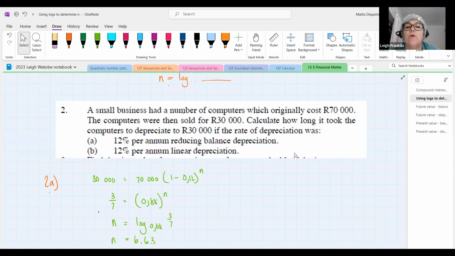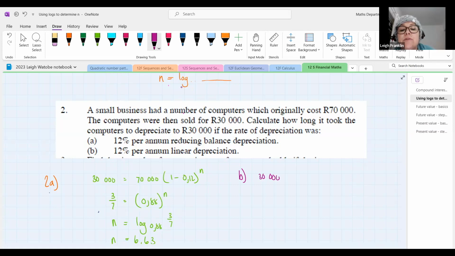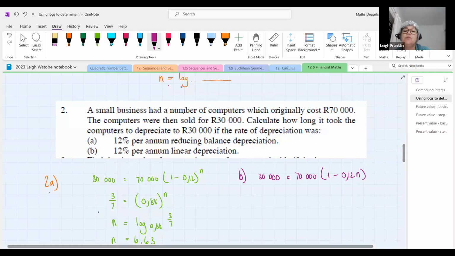All right. Then for part B, that really should be very simple for you guys. For B, again, it's 30,000. 70,000 is what it was worth. And then you'd say 1 minus 0,2n like so. So either you could expand the brackets or divide both sides by 70,000. It's up to you.